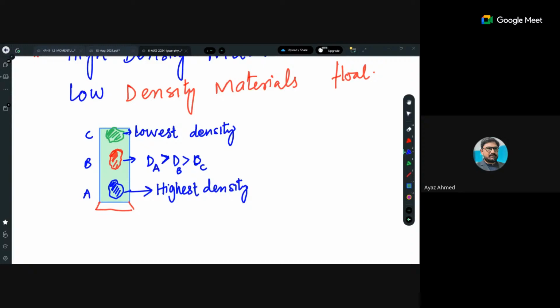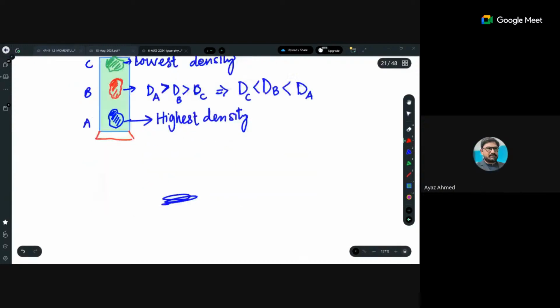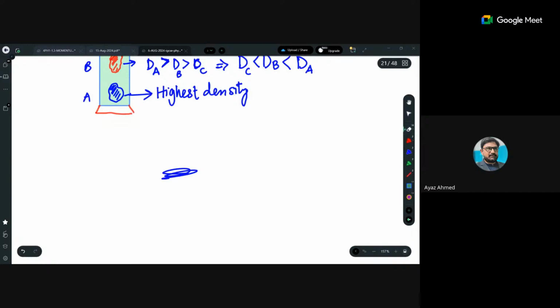You can say it another way around: density of block B is greater than density of C but less than density of A. Is this clear to both of you? Yes, sir. Okay.